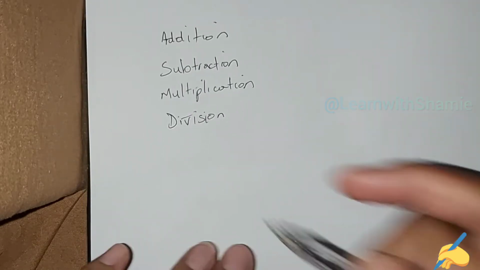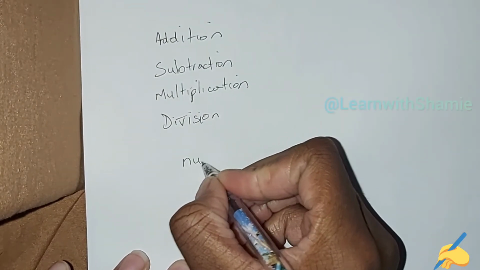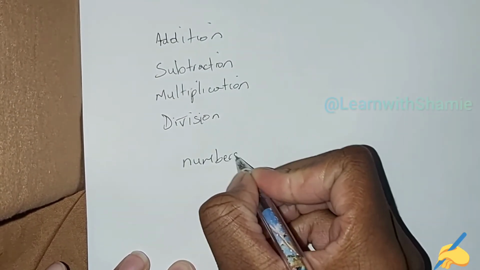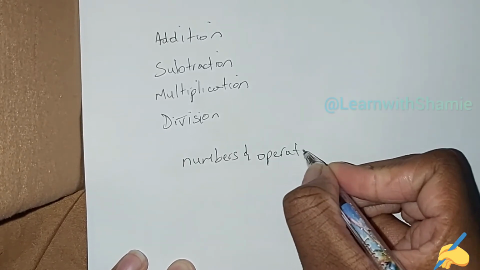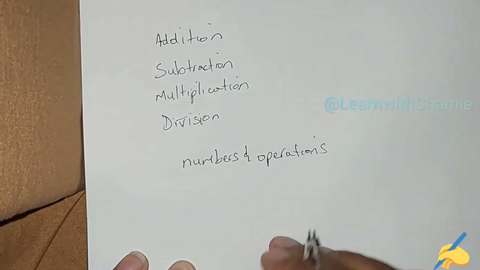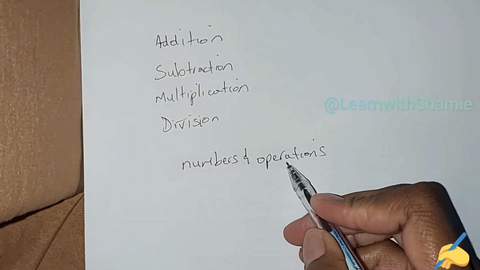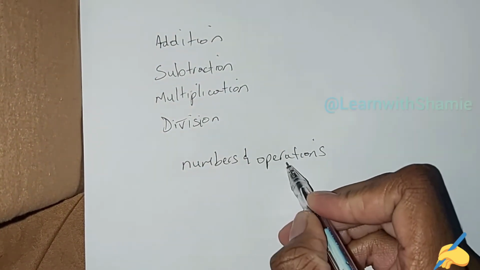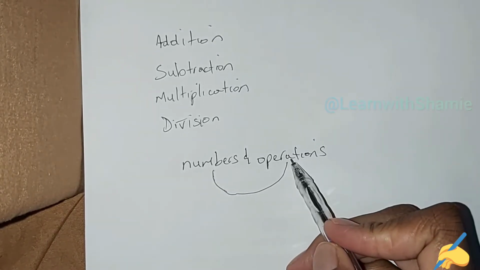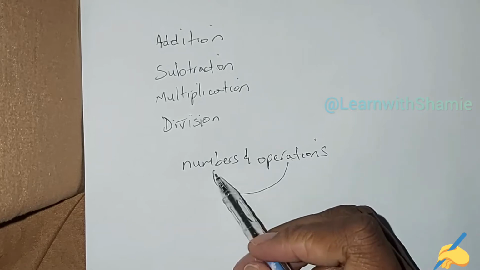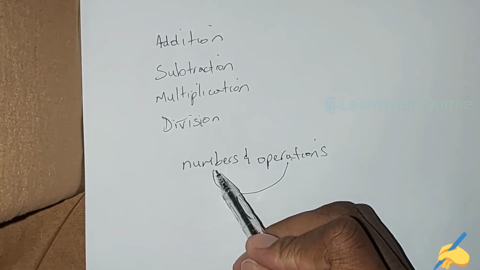Math involves both numbers and operations. Operations is what tells us what to do with the numbers.